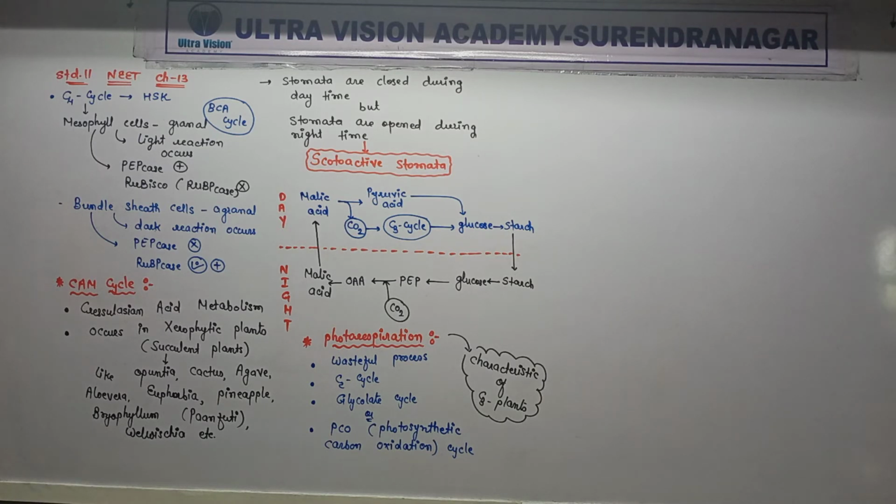So 8 times C2 cycle forms 12 PGA. 12 PGA are directly reduced and converted into 12 PGAL, and then 6 RuBPs are regenerated. 6 RuBPs are regenerated and 8 RuBPs are used. So there is a loss of 2 RuBP, but against that, photorespiration is prevented.